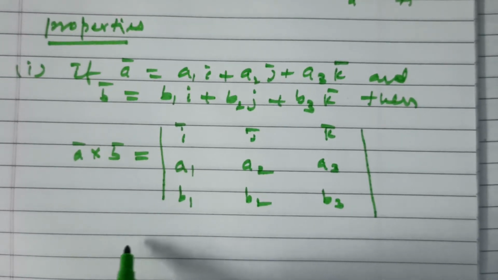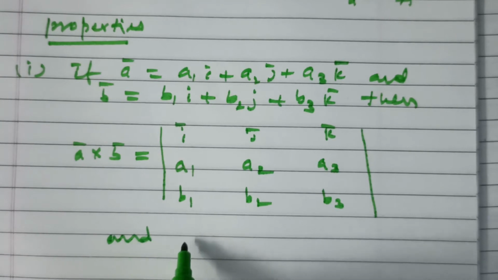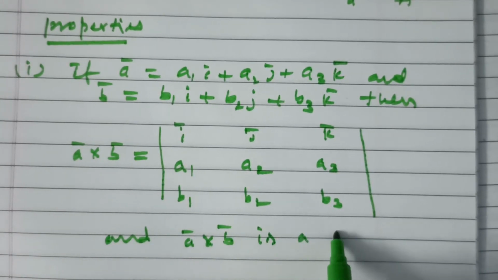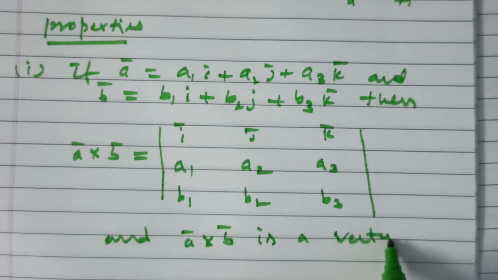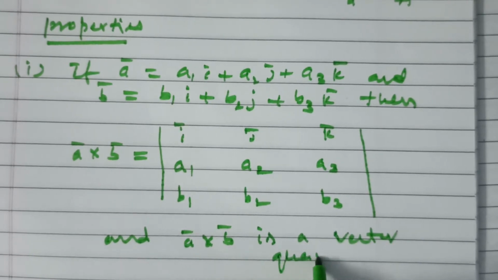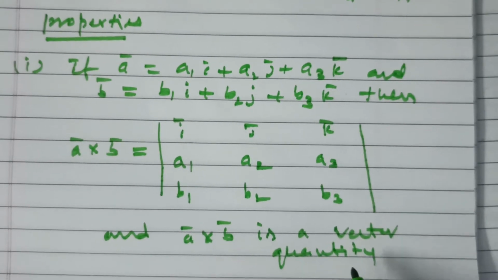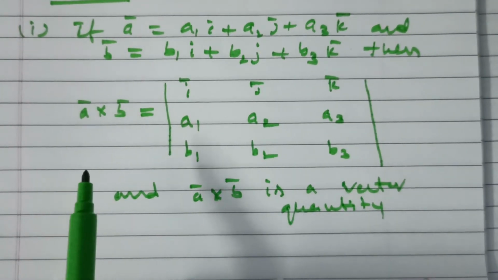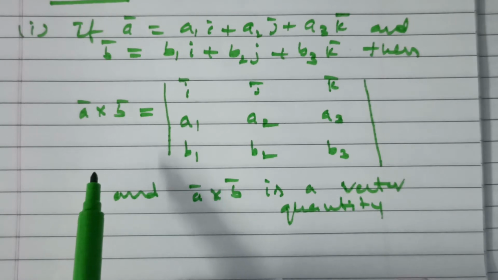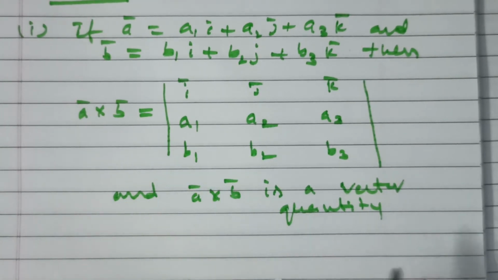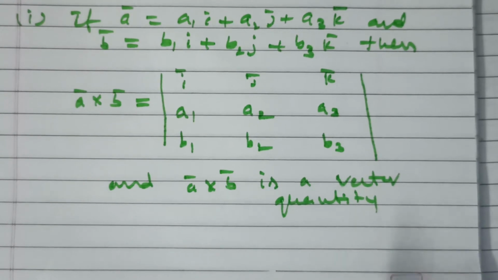And A bar cross B bar is a vector quantity. So the simplification is, A bar dot B bar we defined, whereas now A bar cross B bar is in terms of a determinant. Simplification of this determinant is a vector.